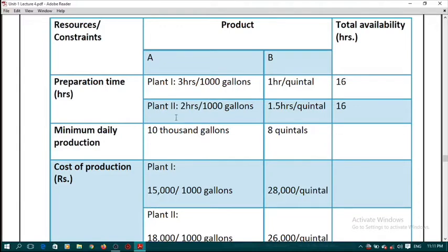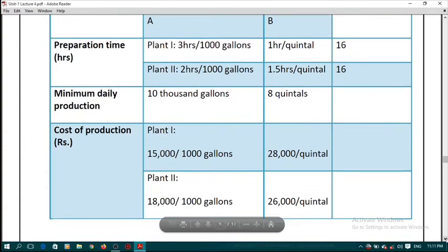Same for plant 2: plant 2 has a maximum of 16 hours, and for product A, plant 2 has 2 hours per 1000 gallons and 1.5 hours per quintal. Minimum daily production is 10,000 gallons of product A and 8 quintals of product B.